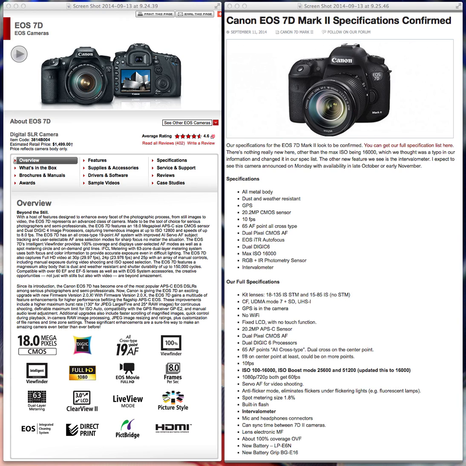So there you have it. The very impressive 7D Mark II compared to the 7D. I hope this video has been helpful and insightful, and I will have more information later when it comes to actually releasing the camera and when it actually comes out.